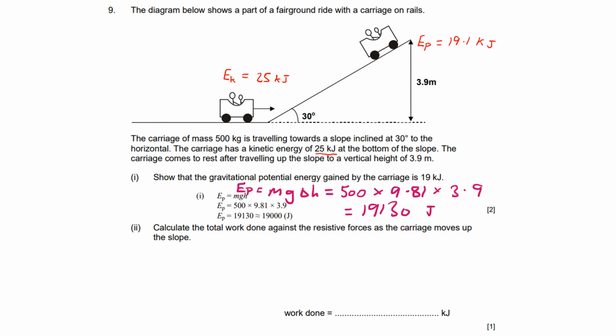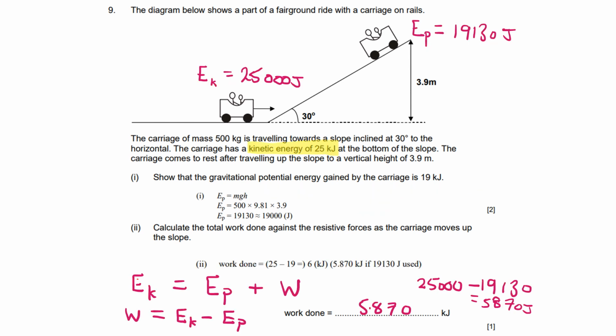Part 2, calculate the total work done against resistive forces as the carriage moves up the slope. And so from conservation of energy, the kinetic energy that the car had at the beginning is equal to the sum of the potential energy gained plus the work done against resistive forces. And so we can rearrange that.